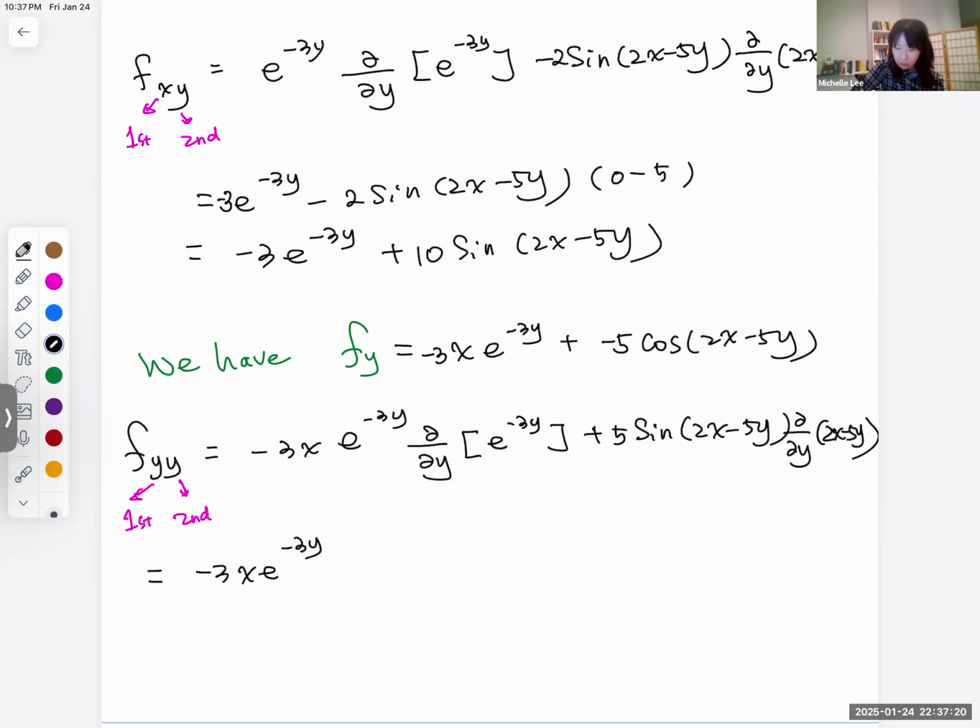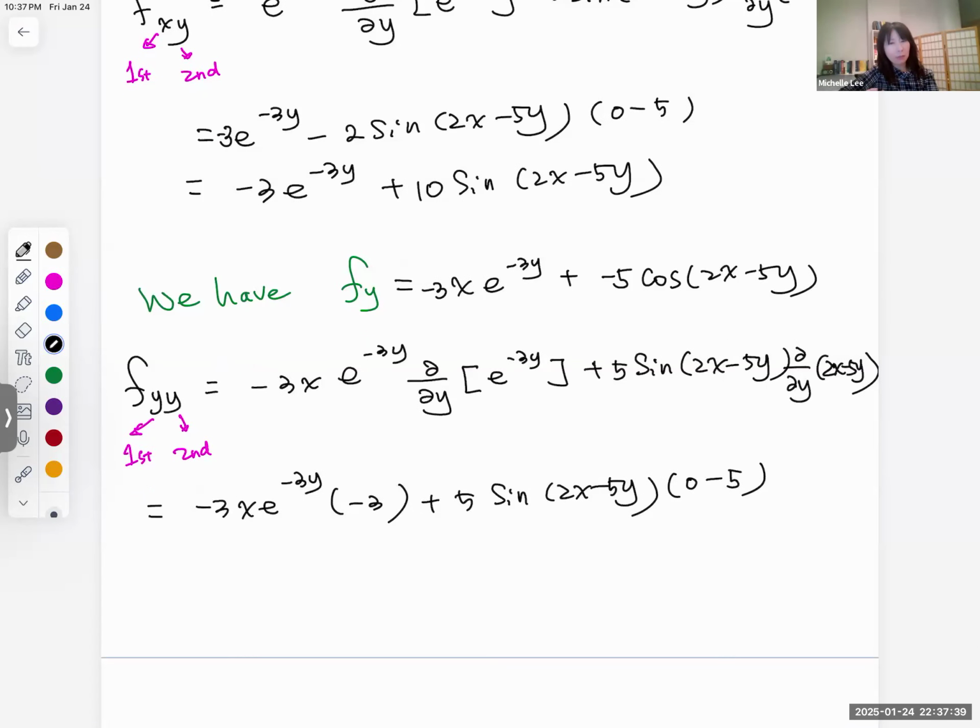Let me just write down everything because I think we need one more step. 5 sine 2x minus 5y. Derivative with respect to y. So negative 5. So 0 minus 5.